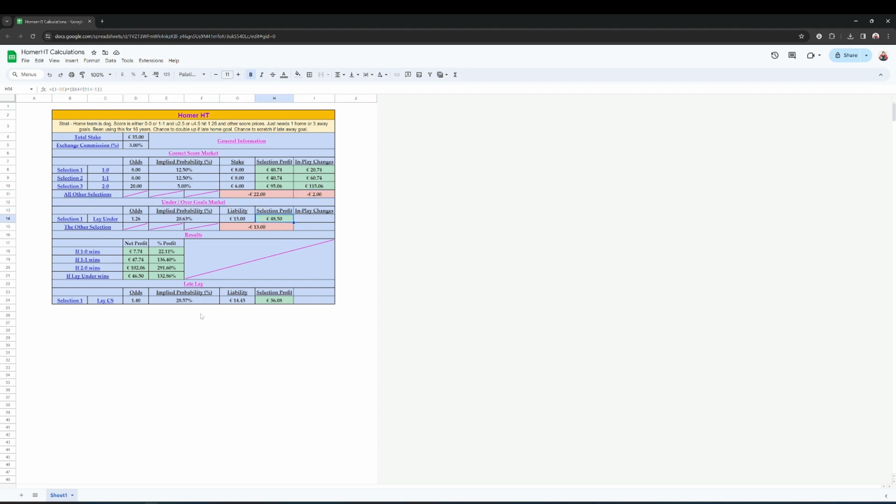So if I win 48.50, let's say the goals start flying and it's suddenly 3-0, then I win 48.50 and I will lose 2, yeah? So in total I have 46.50, which will be 132.86.